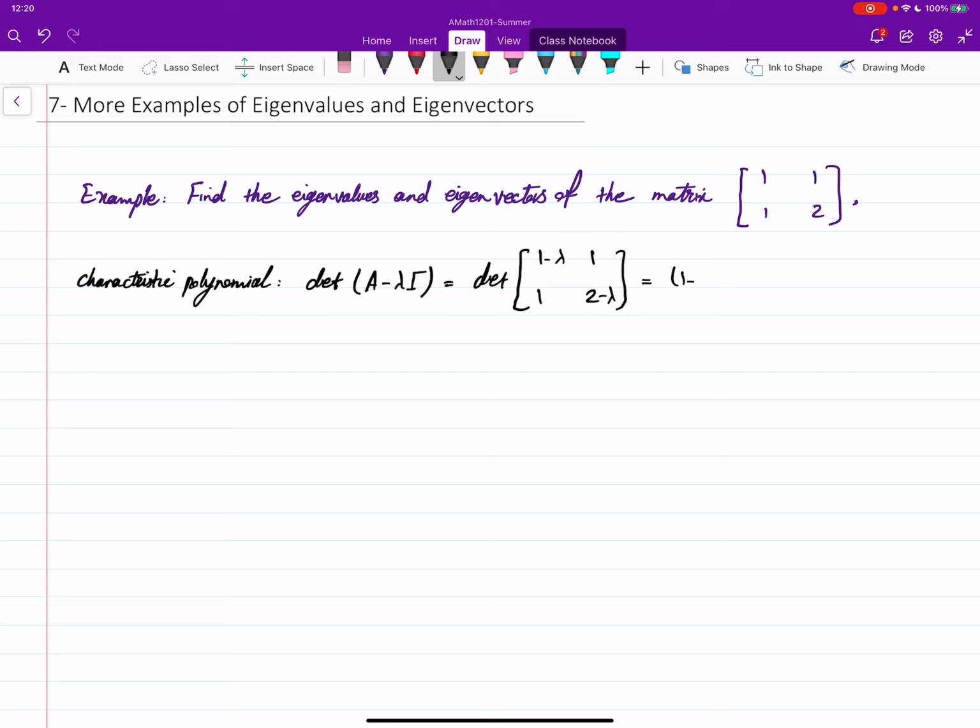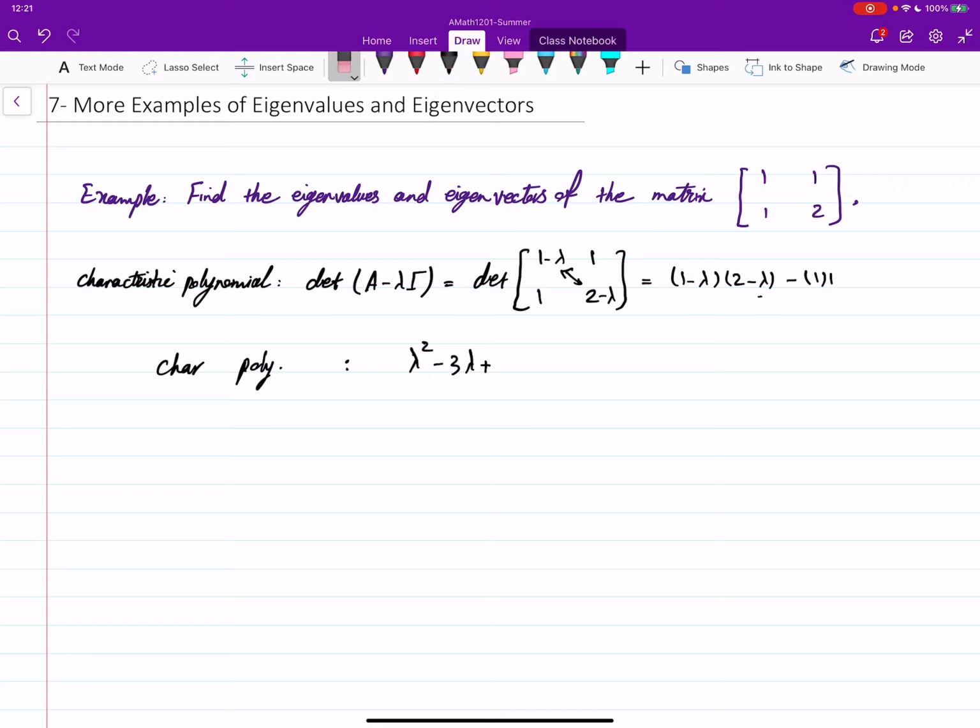This will give me 1 minus lambda, 2 minus lambda, and then minus 1 times 1. So the characteristic polynomial is going to be, multiply these ones, lambda squared minus 3 lambda plus 2 minus 1.